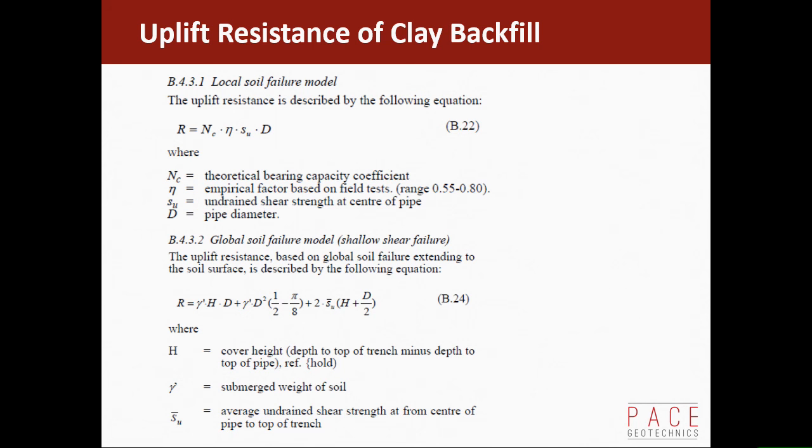Because there is no horizontal stress applicable, we're not modelling any horizontal stress in the clay, it's just a pure shear failure, so the actual force pushing it together doesn't make any real difference. It's undrained shear strength, so it's 2 times the undrained shear strength, expressed as an average from the centre of the pipeline to the top of the trench. So if it gets softer as you go up, you've got to allow for that in your calculation.